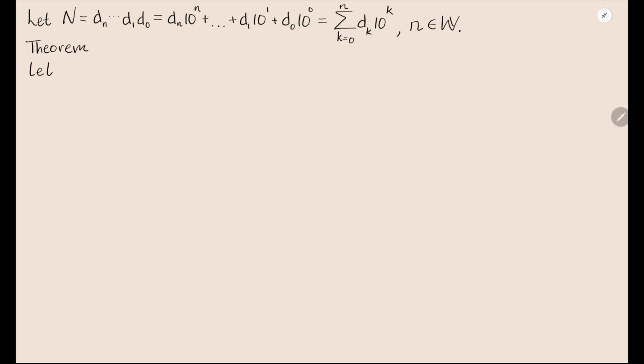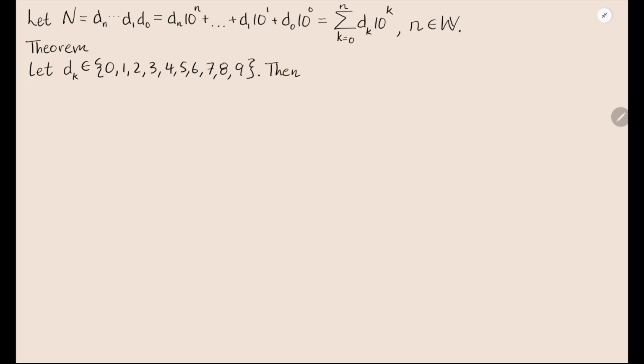let d_k, your digits, be in the set 0, 1, 2, 3, 4, 5, 6, 7, 8, and 9. We have 10 digits, from 0 to 9.